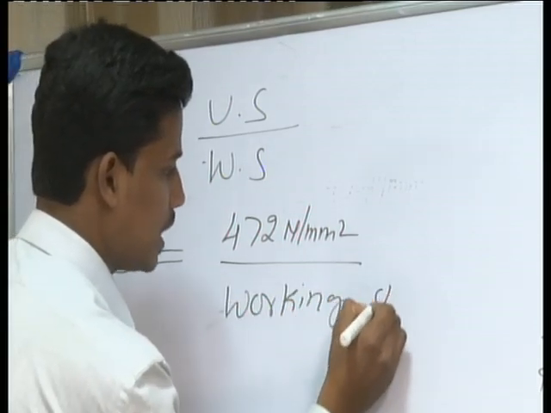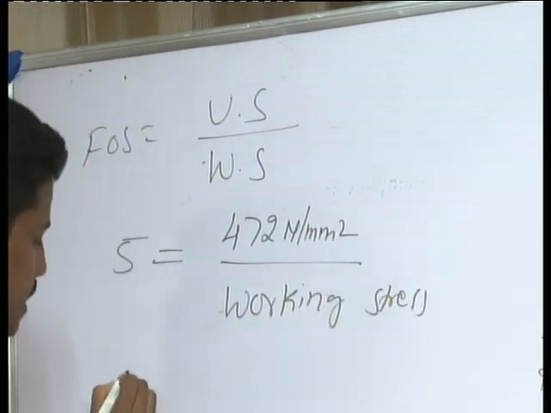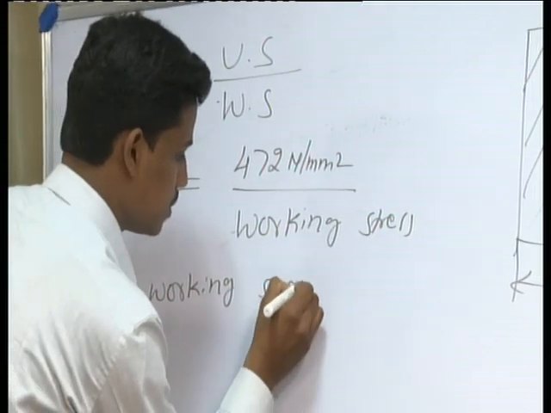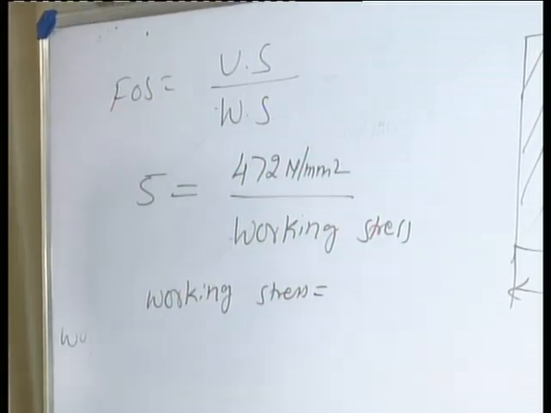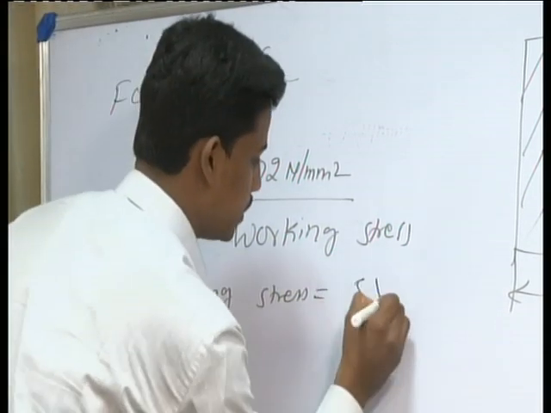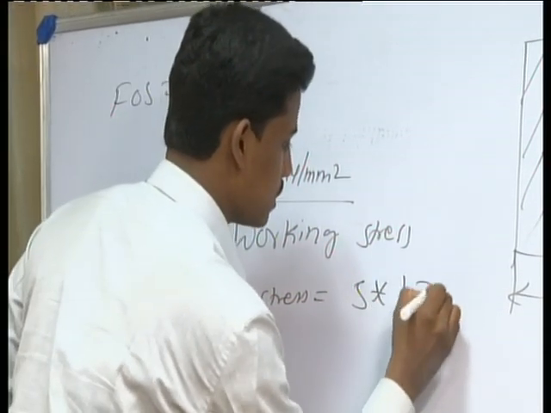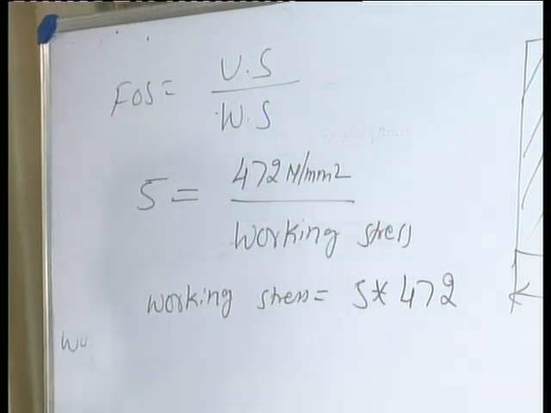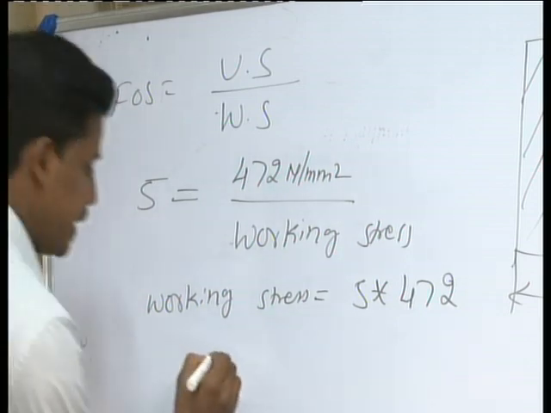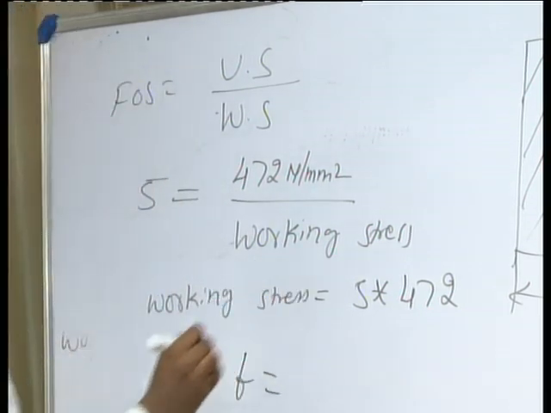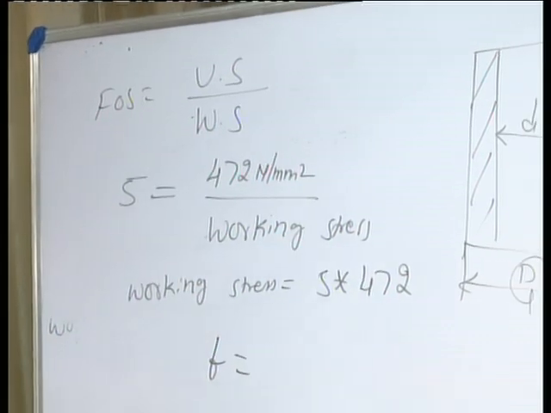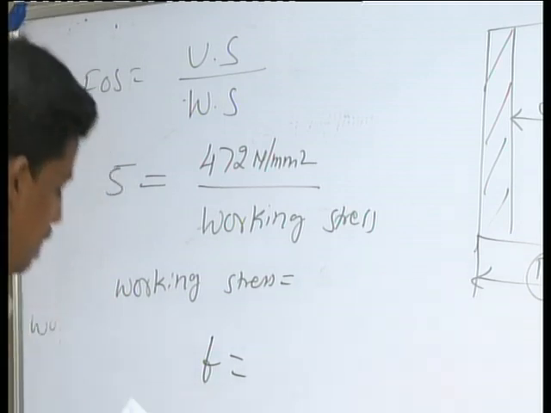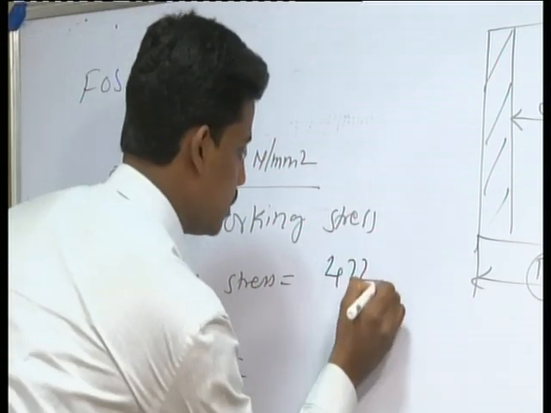What is the working stress? Now working stress is equal to 472 divided by 5.